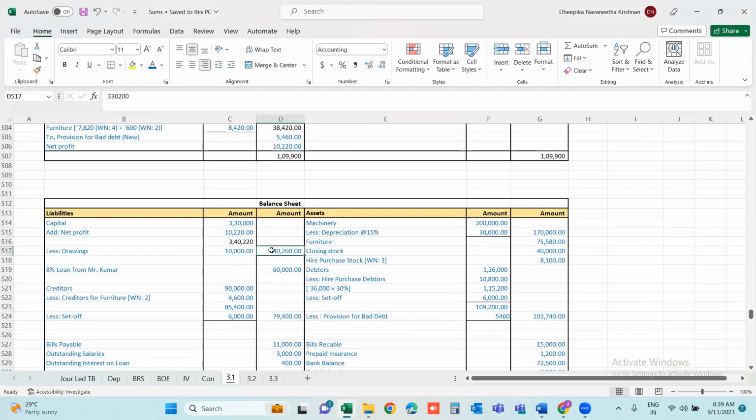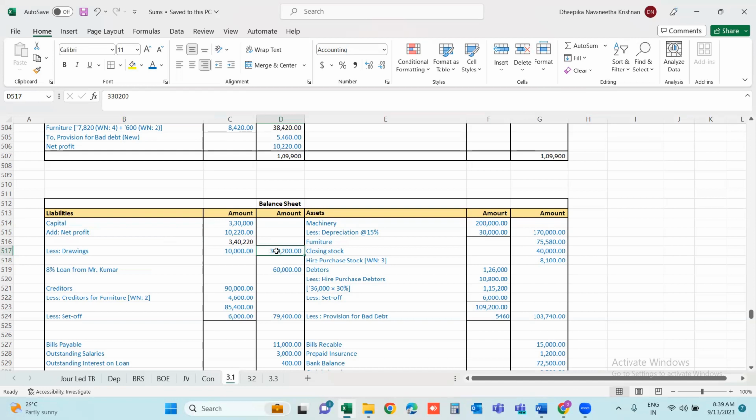So when I know my opening capital and closing capital, when I subtract, I can derive the net profit. Normally, I add my net profit, subtract my drawings, add my additional capital, and arrive at closing capital.